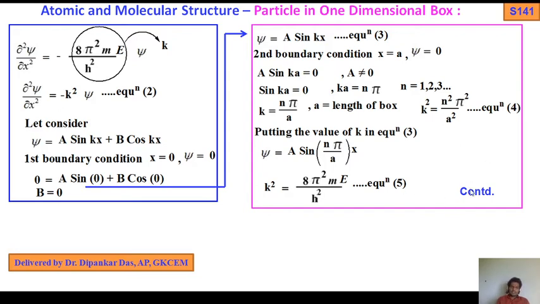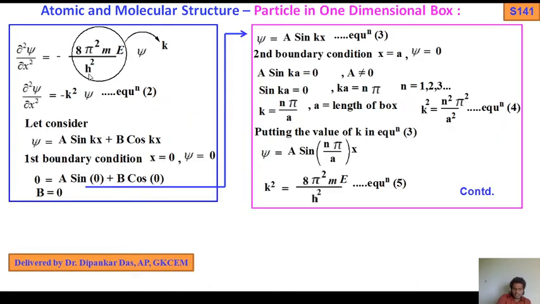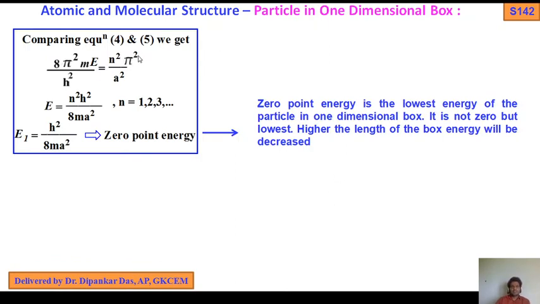So comparing equations 4 and 5, we get 8 pi square m E by h square equals n square pi square by a square. Or we can write, rearranging, E equals n square.